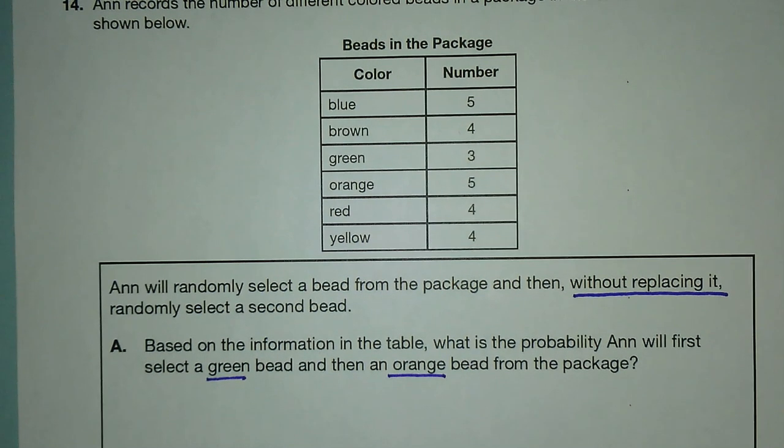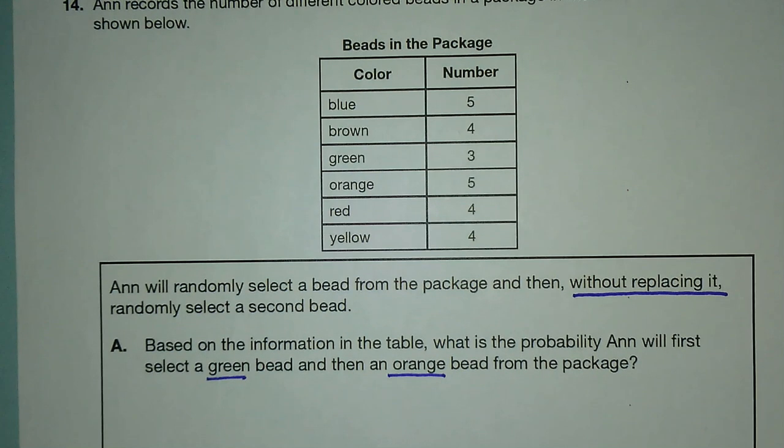Well, when you are doing multiple events that each have their own separate probability, this is important, okay? This is called compound probability. You want to figure out the probability of these two or more events happening in a row or together. You have to, ready?